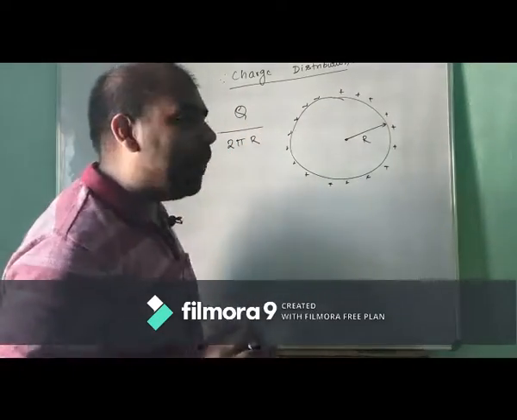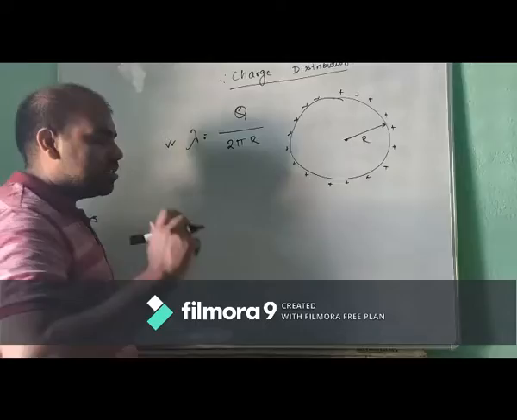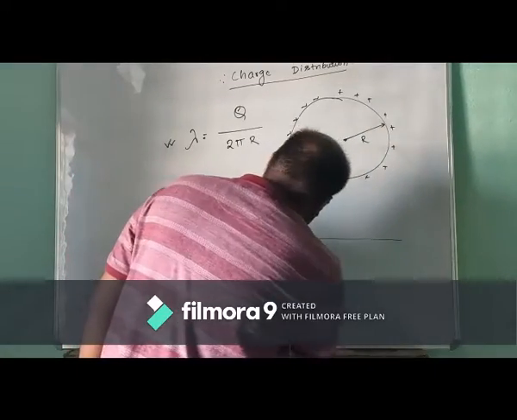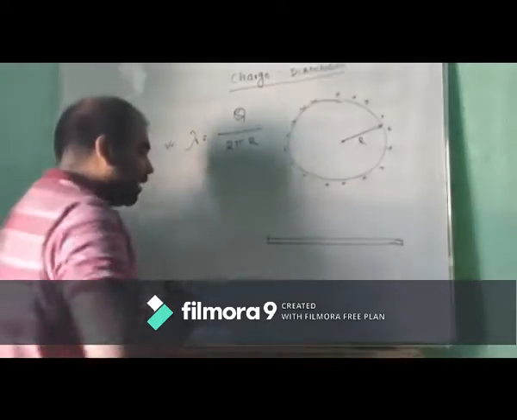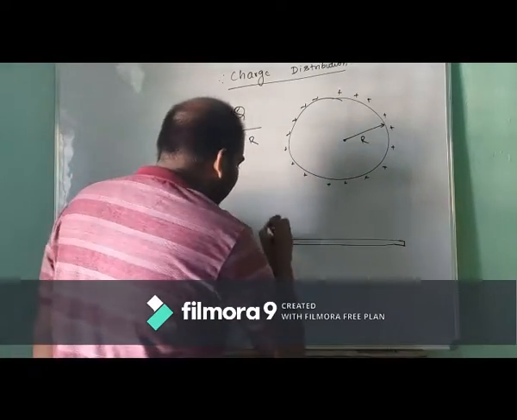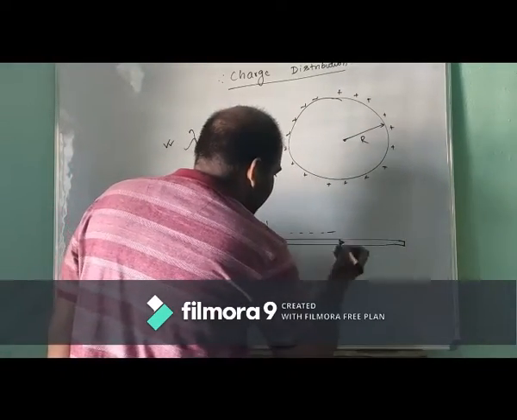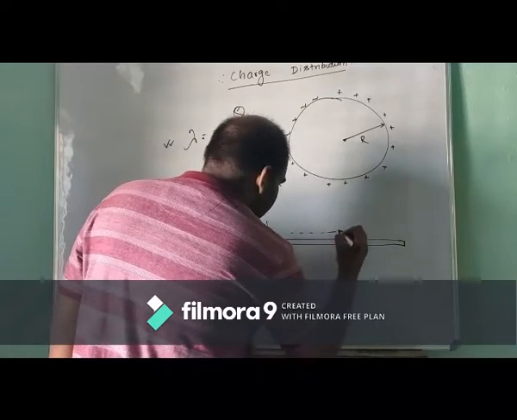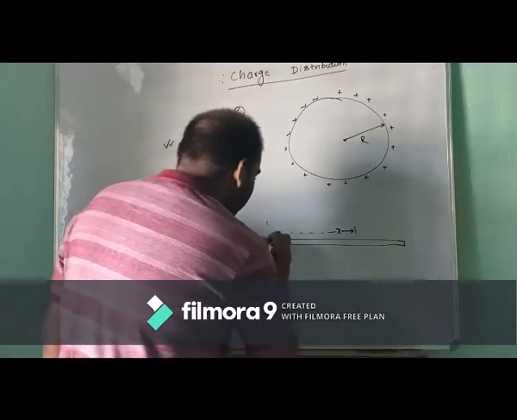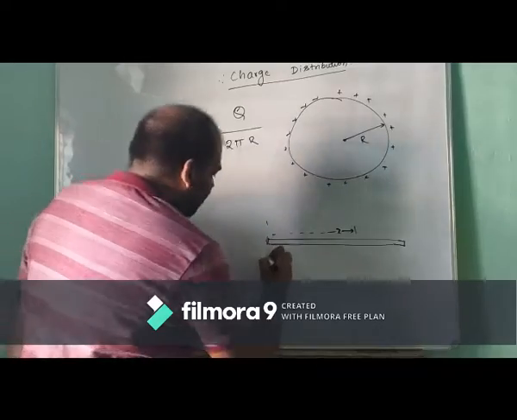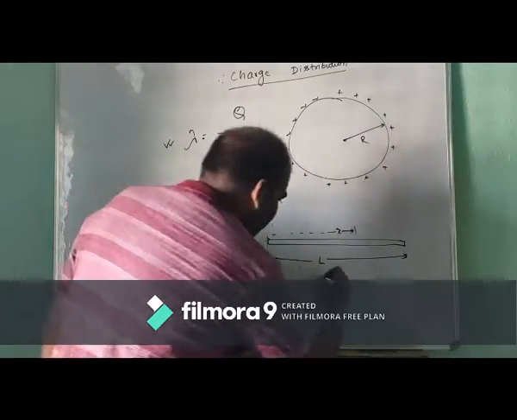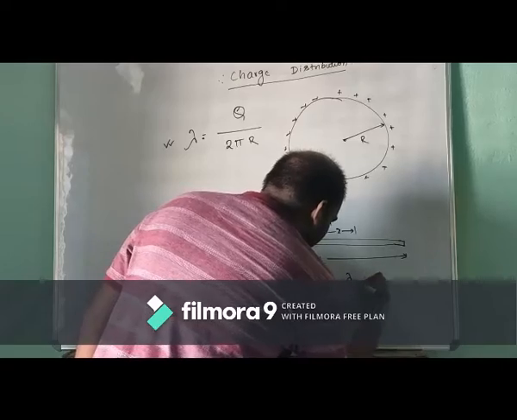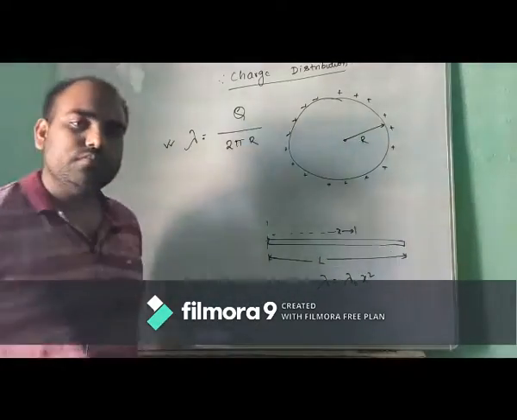Now I am taking an example of non-uniform charge distribution. Suppose this is a rod in which the charge distribution is given like that. Lambda is given to you and x is measured from this side. The length of the rod is capital L, and lambda is given as lambda naught times x square.